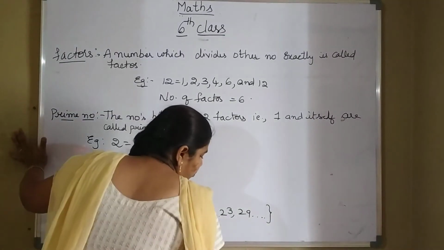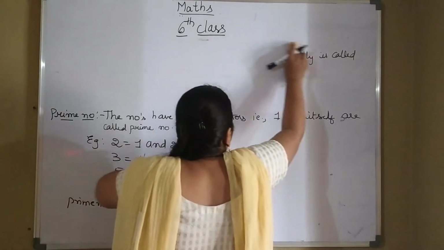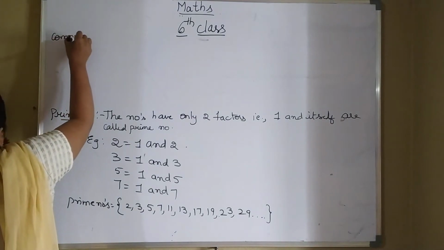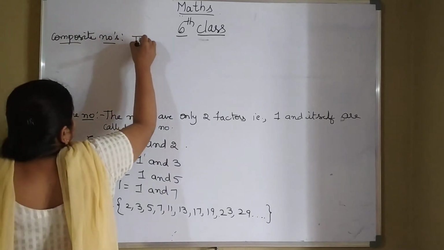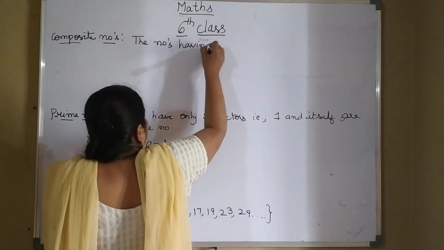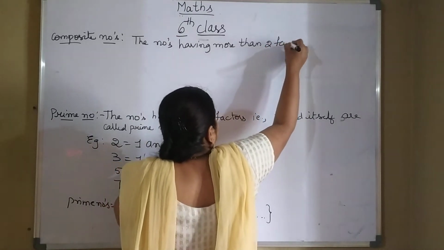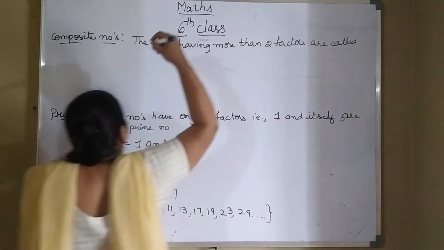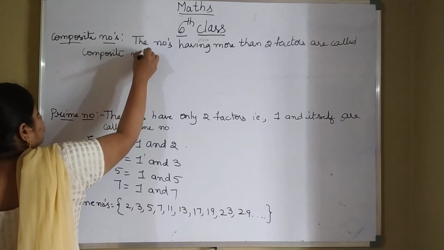So what do you mean by composite numbers? Composite numbers will be having how many factors? More than 2 factors will be there. For composite numbers, the numbers having more than 2 factors are called composite numbers.